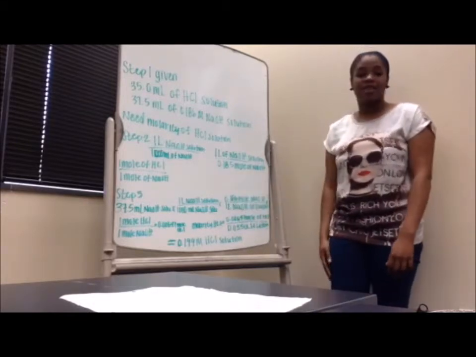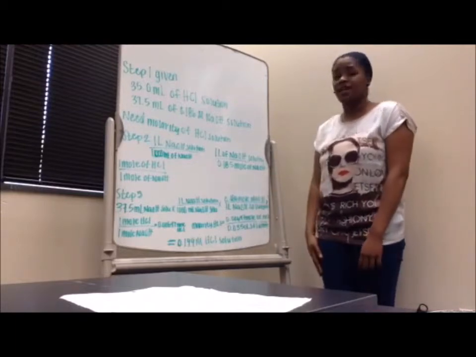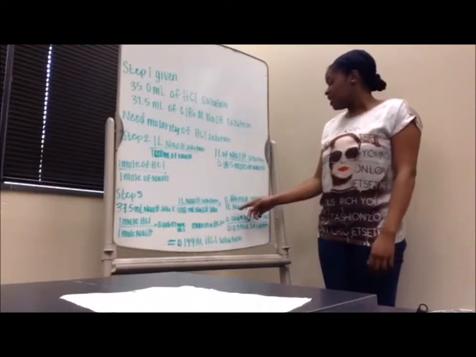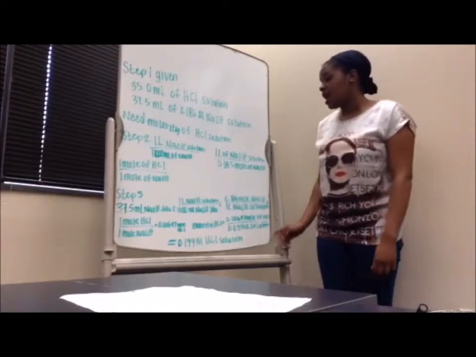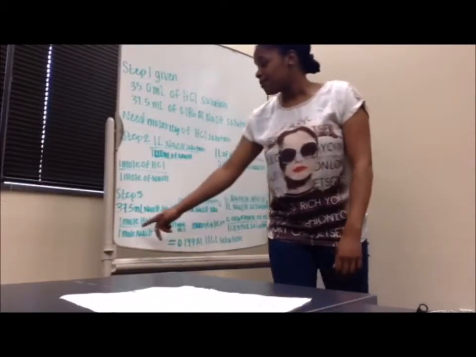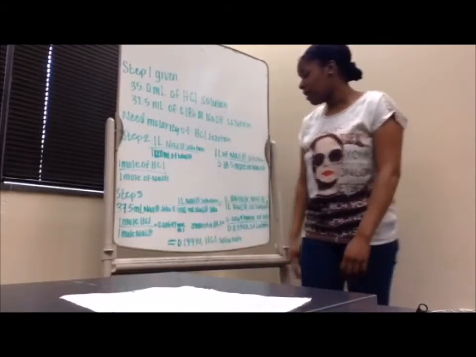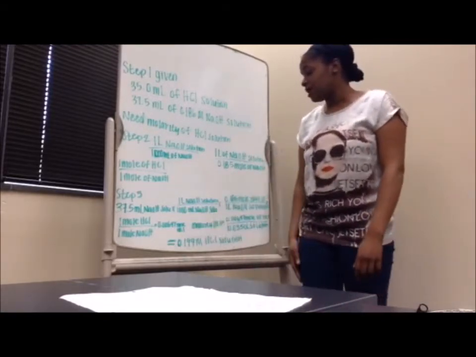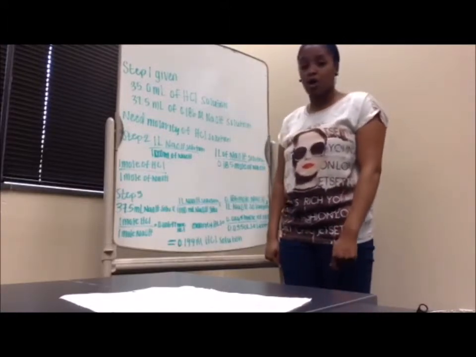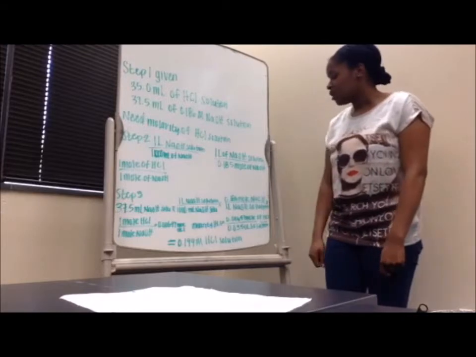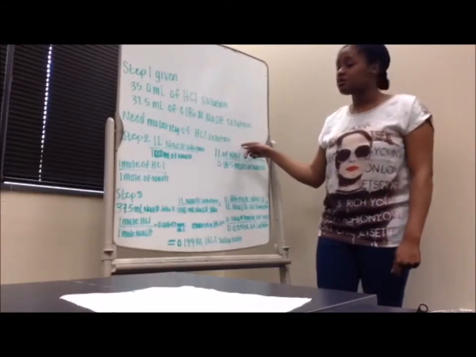You would multiply that by 0.186 mole of NaOH over 1 liter of NaOH solution, and you will multiply that by 1 mole of HCl over 1 mole of NaOH, and that would come out to be 0.00697 moles of HCl.